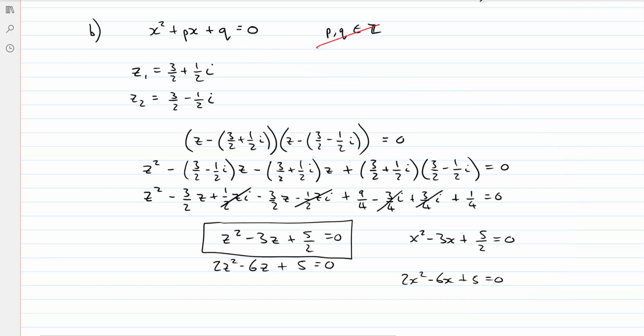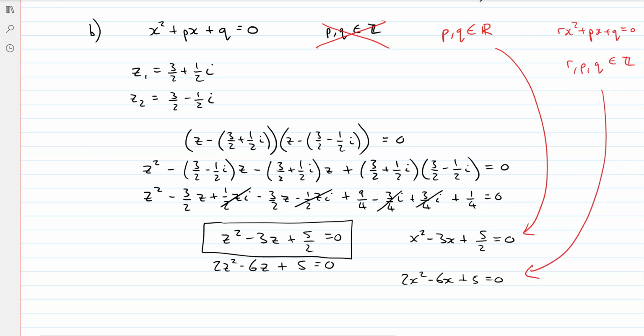Either they want p and q to be, they could say real numbers, in which case you'd want this as your answer, or they could say something like r x squared plus px plus q, where r, p and q are all integers, and then I would have to put it in this form because then they're all integers.